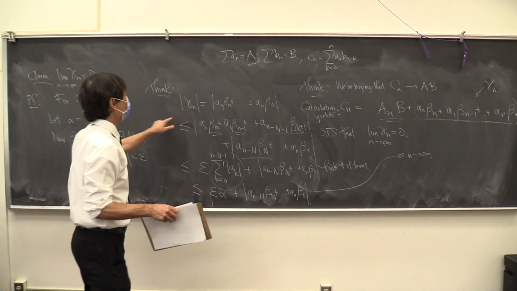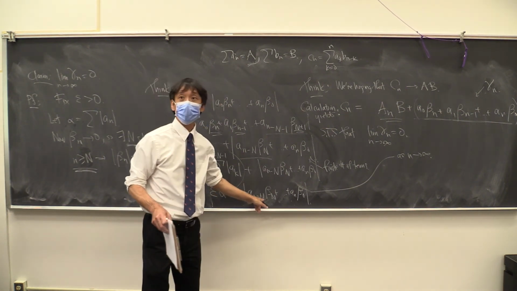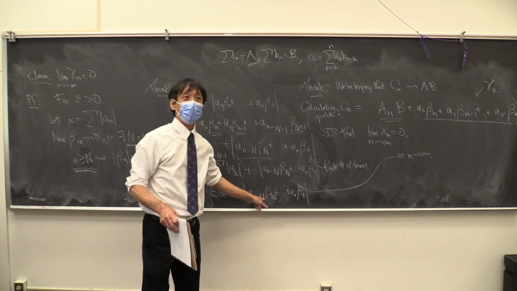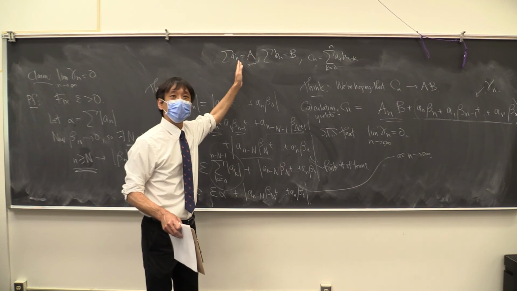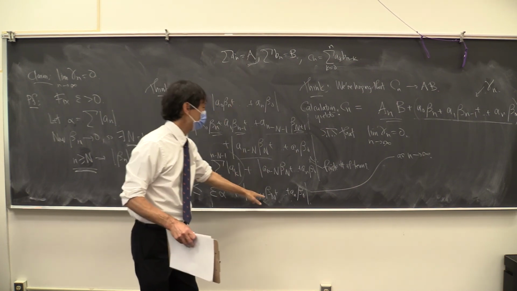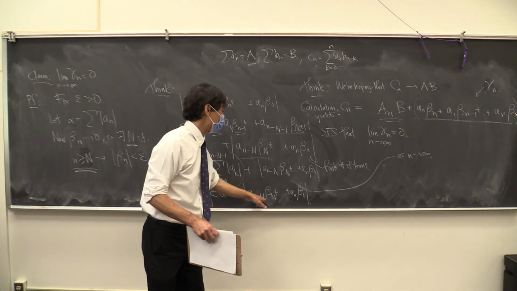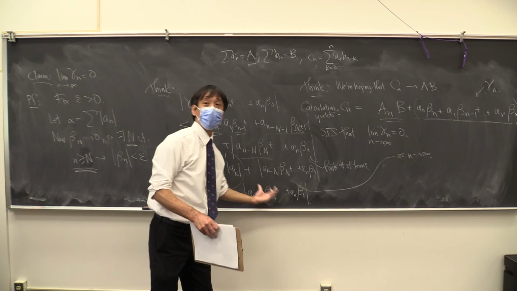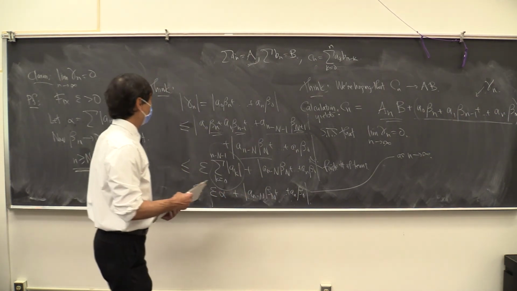Since the series converges, these terms converge to 0 by the divergence test: convergence of a series implies the terms must go to 0. They're multiplied by these constants, so that whole thing is going to go to 0.